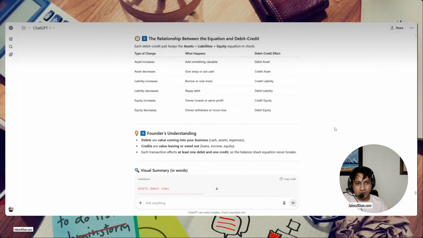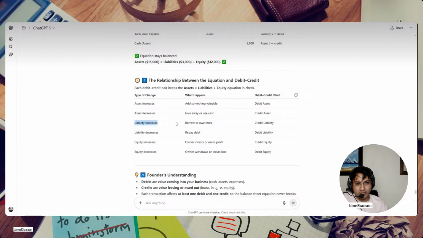But my problem is this one. Why, if liability is increasing, is the overall business value increasing? Yeah, the assets are increasing. However, the problem here is this credit liability is making the issue. So I have to understand much more about it.